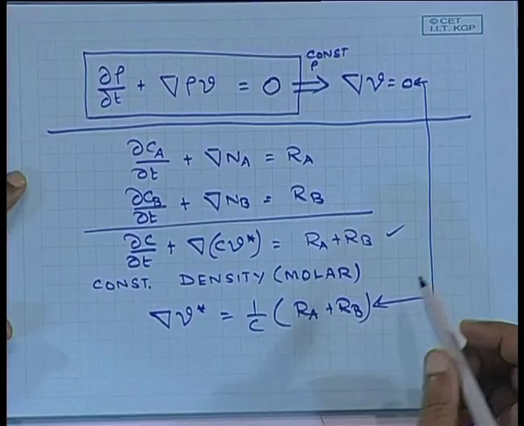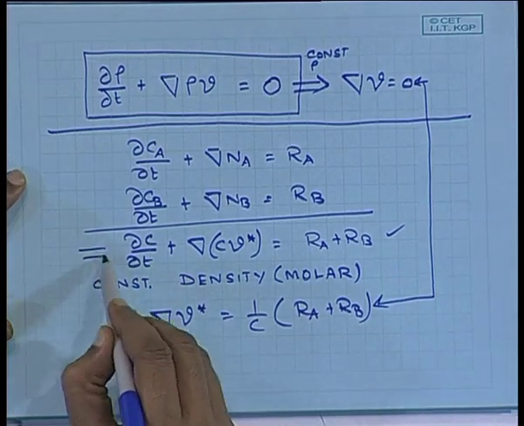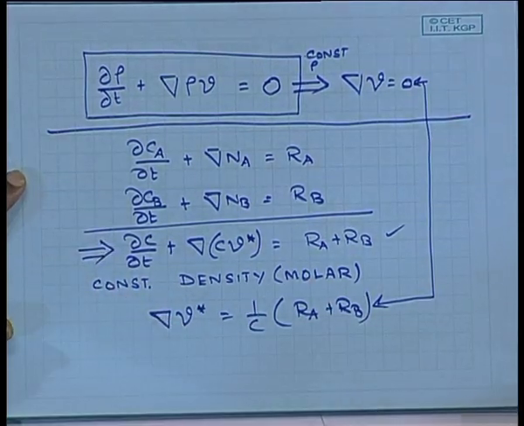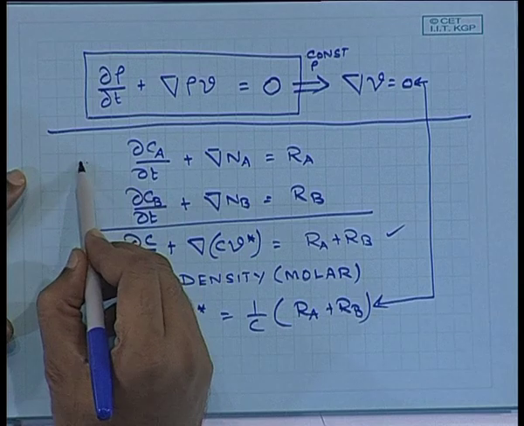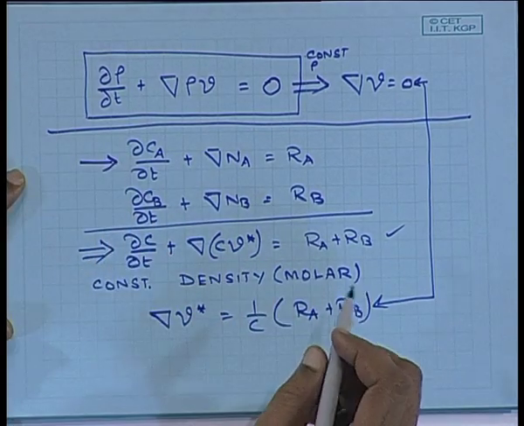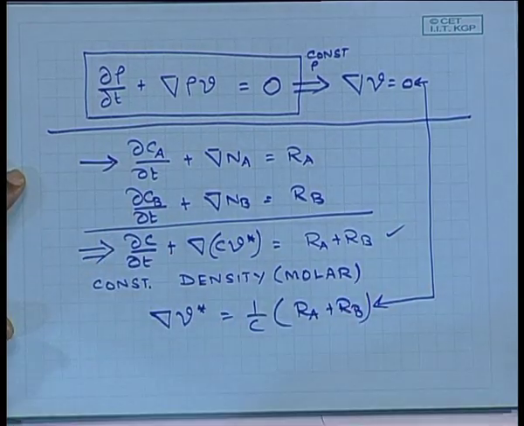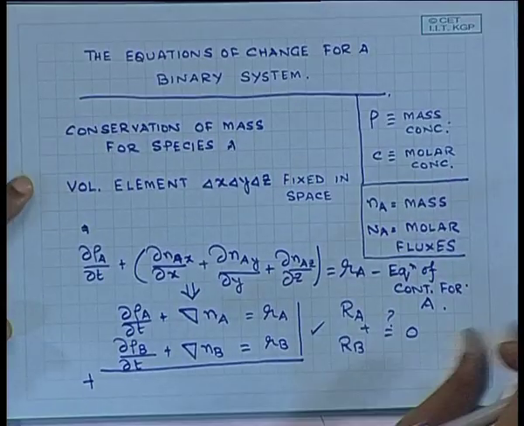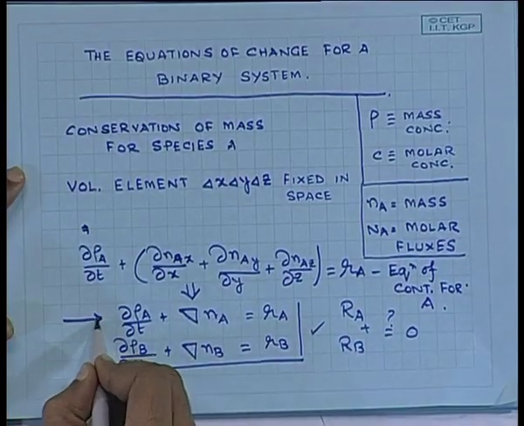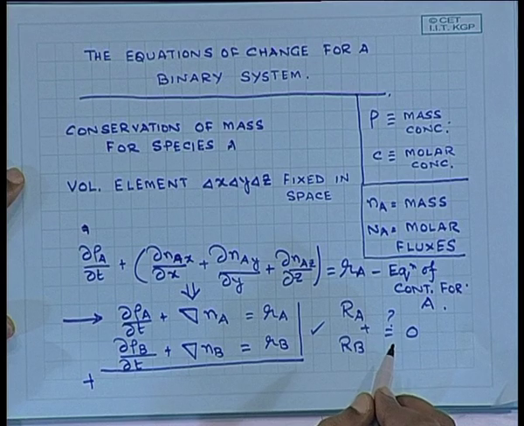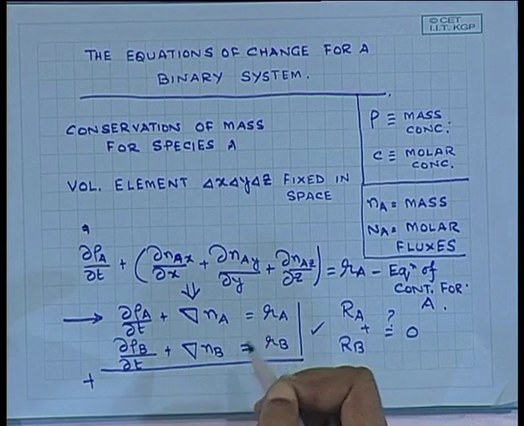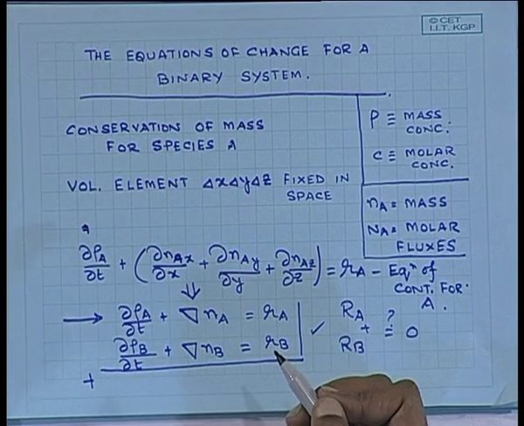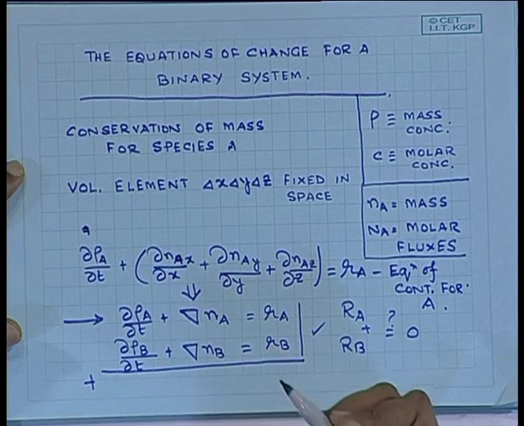Okay. So, these are two special cases, but I am going to deal with the component equation expressed in terms of moles, and similarly the component equation expressed in terms of mass, because without this I will not be able to use the full potential of this equation.